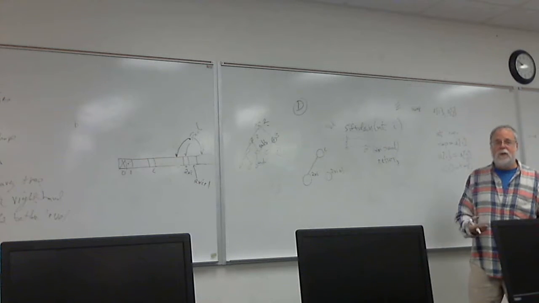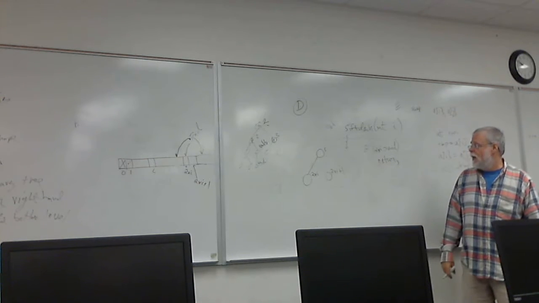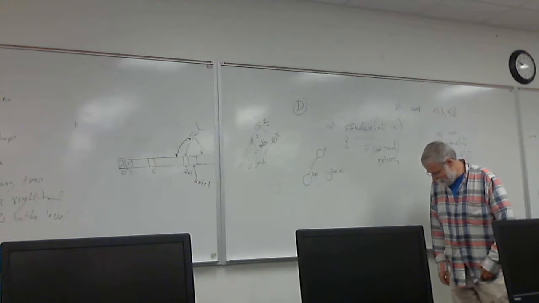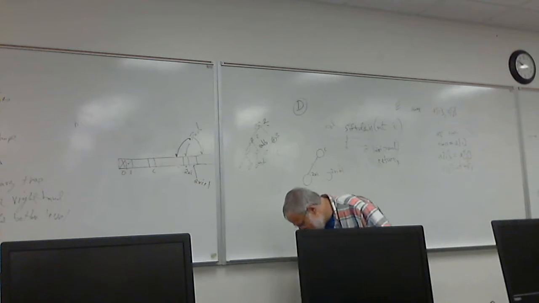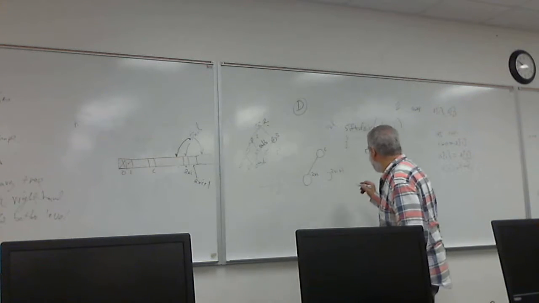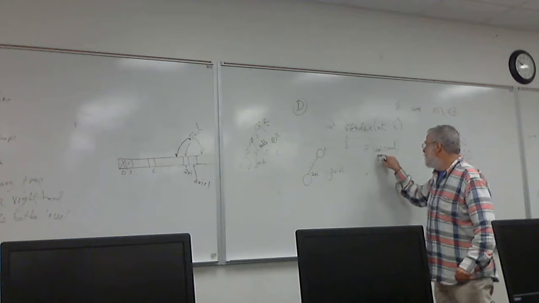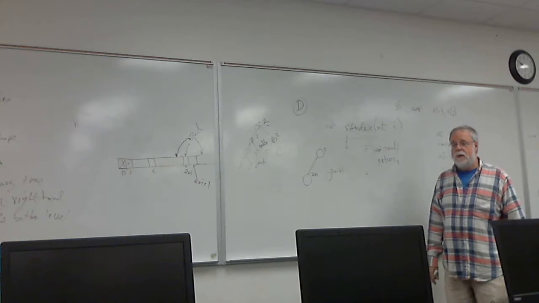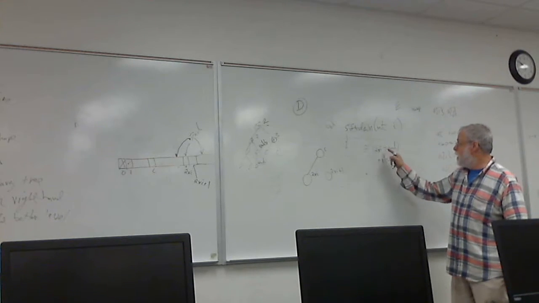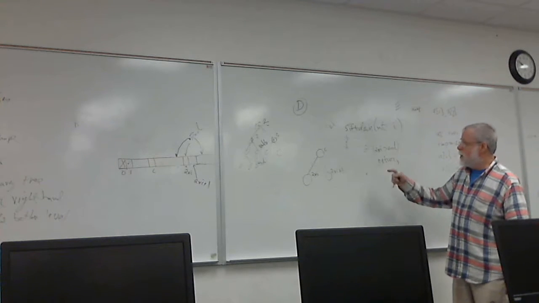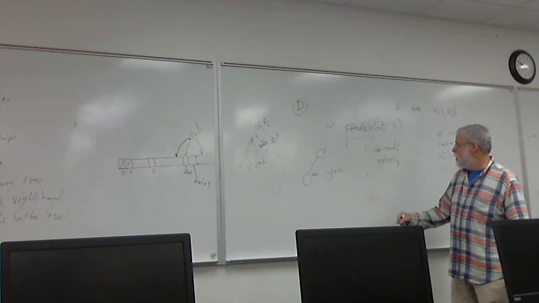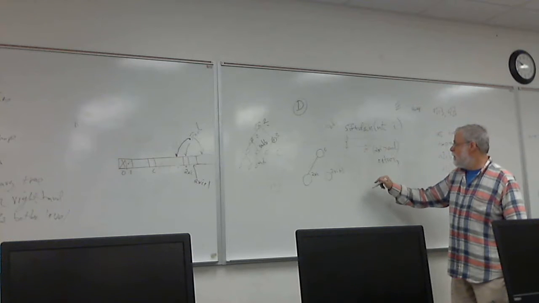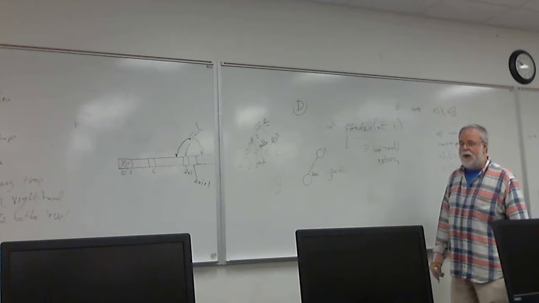So what does that mean? We definitely have a left child. If we get to here, 2 times I isn't bigger than n. So 2 times I could be equal to n, or 2 times I is actually less than n. But we very definitely have a left child.